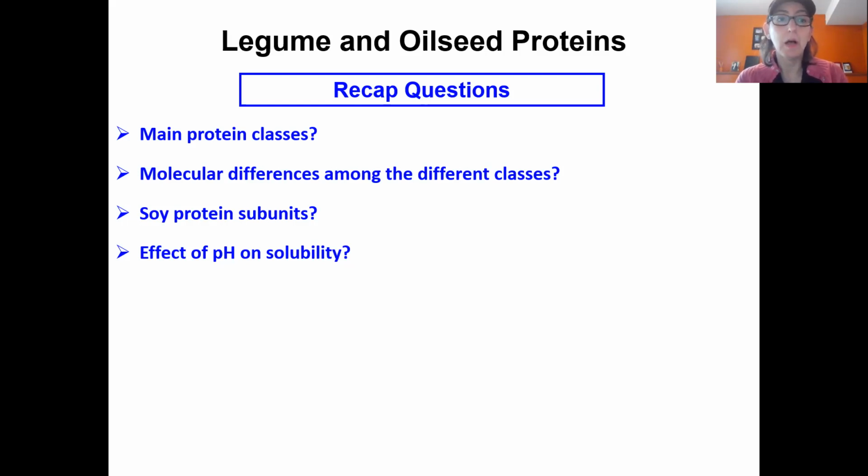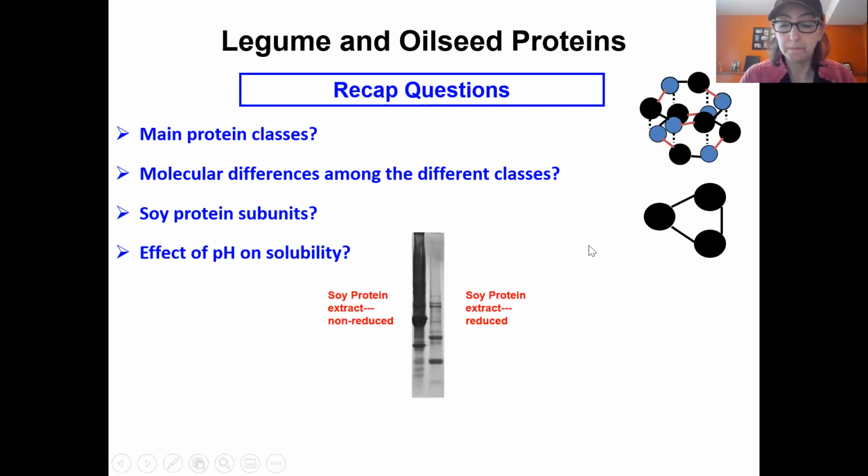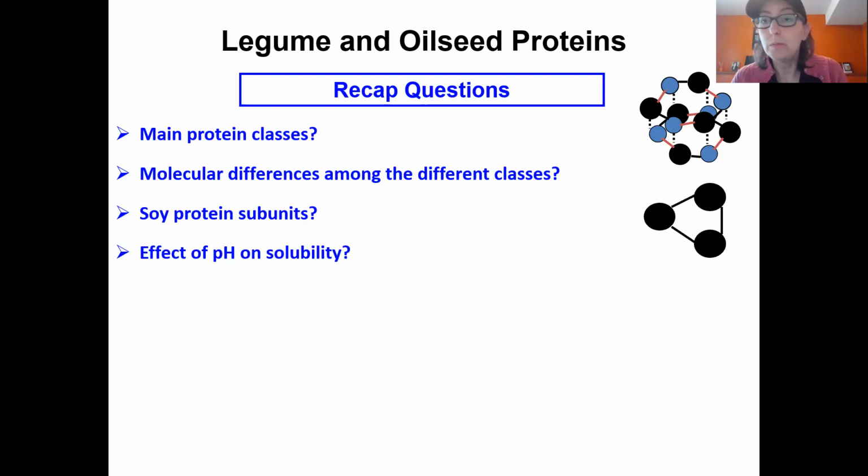When we ask what the molecular differences among the different classes are, what are some differences in the globulins? The globulin proteins specifically have two fractions, the 7S and the 11S.